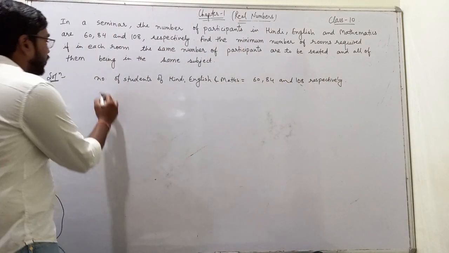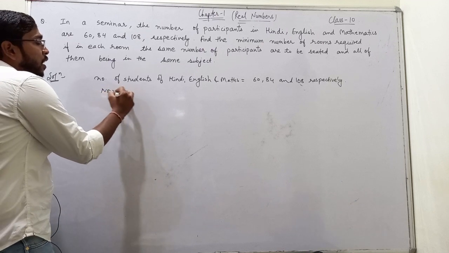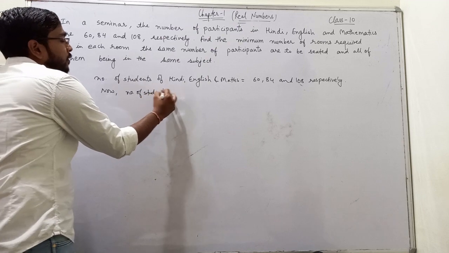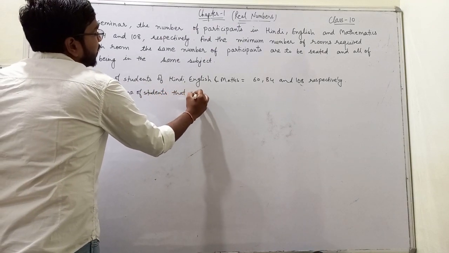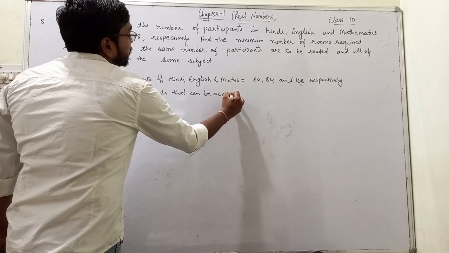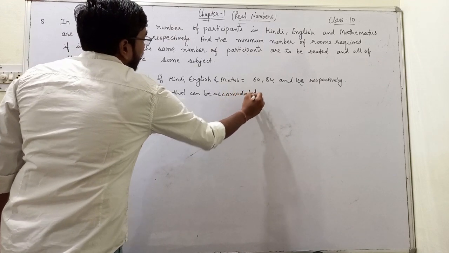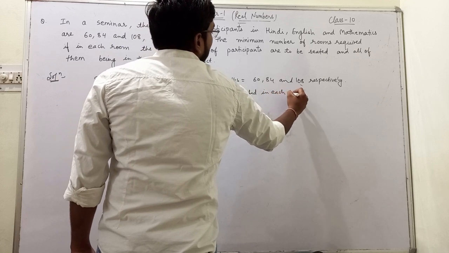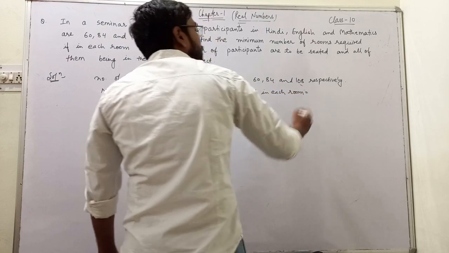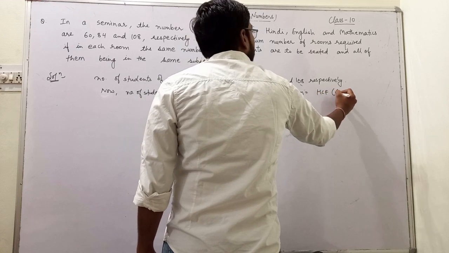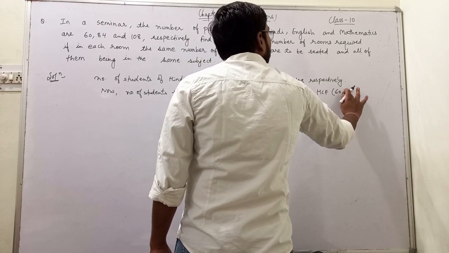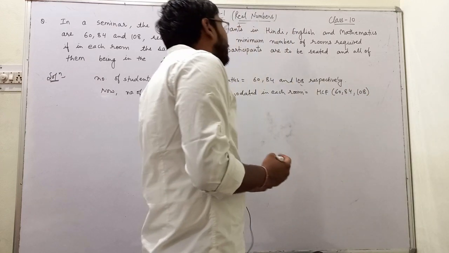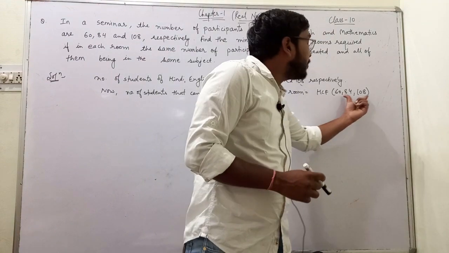Now the number of students that can be accommodated in each room equals the HCF of 60, 84 and 108. Now how will you find the HCF of three numbers?